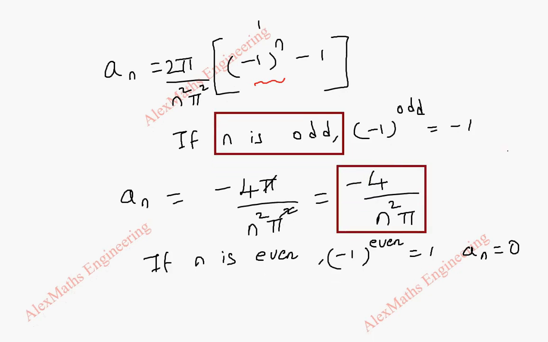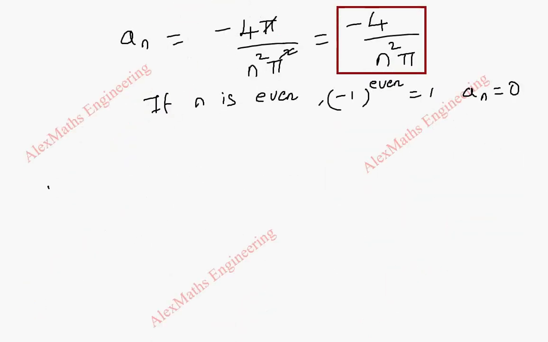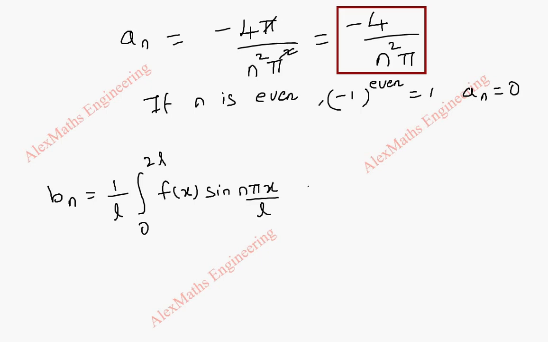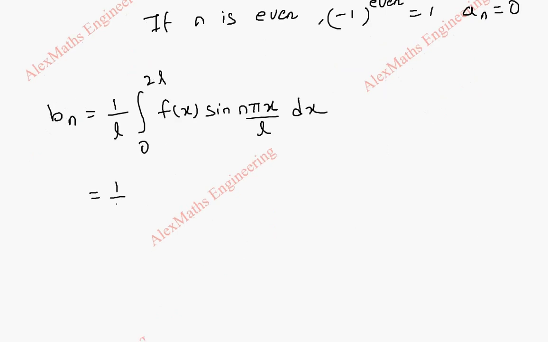Now next part, we are going to find the value of bn. So by formula, bn is 1 by L integral 0 to 2L f of x into sin n pi x by L dx. L is 1. So this is 1 by 1 integral 0 to 2 f of x into sin n pi x dx.